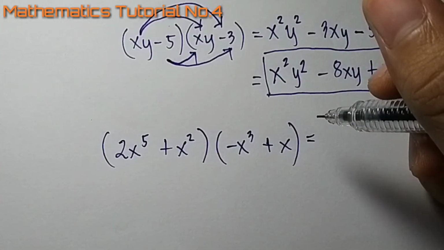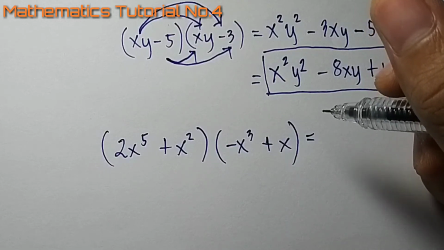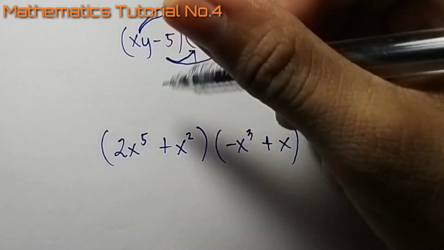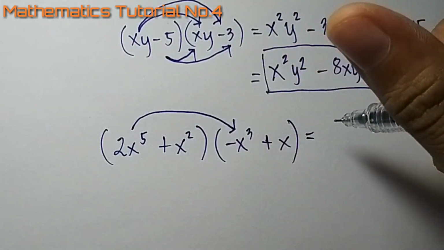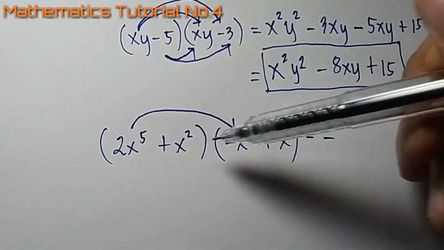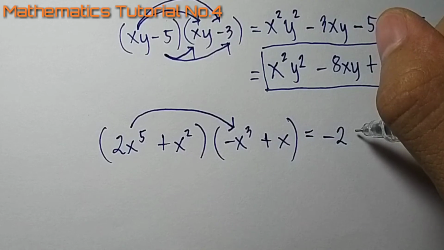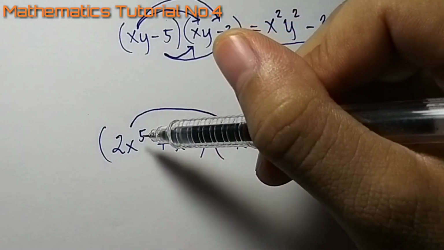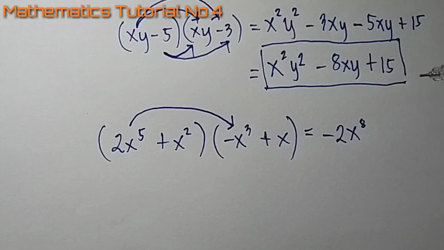So walay mabag-o sa atong technique, sundon gyud nato ang FOIL method. So let's start with our first terms. So 2x to the power of 5 times negative x cube. So that is negative. Kay di ba pariha og sign, so dapat negative. So negative 2 nya x, ang exponent kay 5 ug 3, so that is 8.